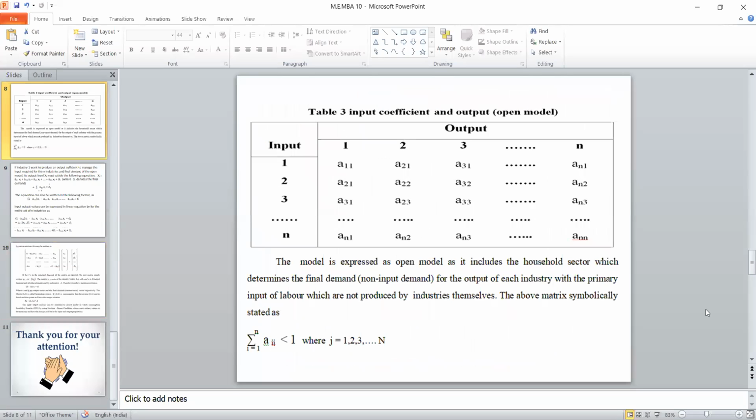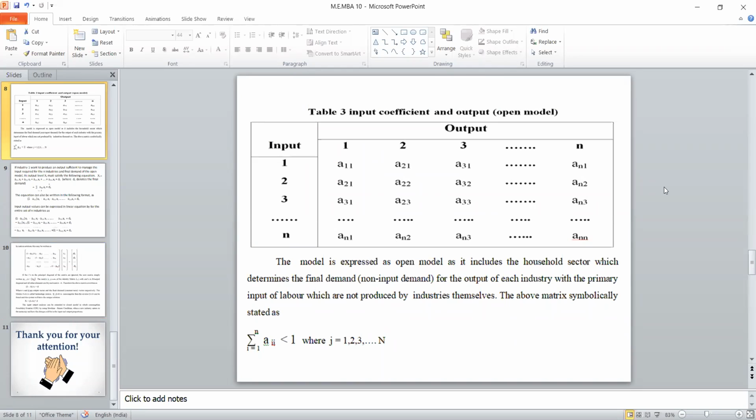How did he make it? One side is input, the other side is output. Input 1 to n industry, output 1 to n industry. Instead of saying x11, x12, x13, he just made a11, a21, a31, up to an1. Why? This is the link between their input and output.